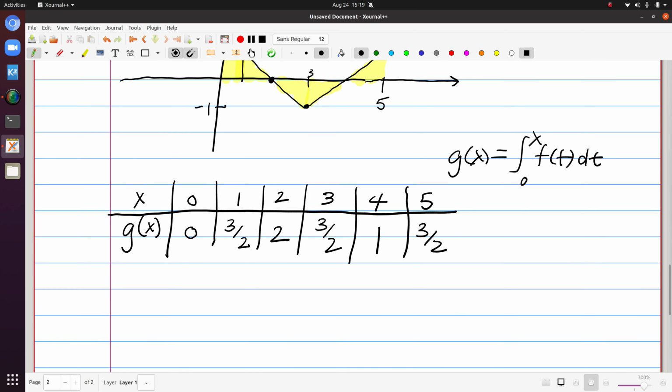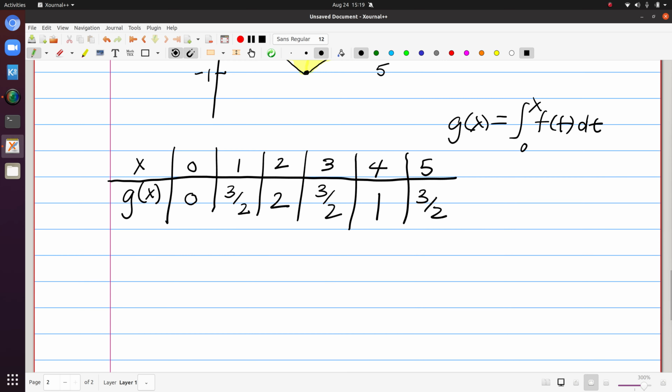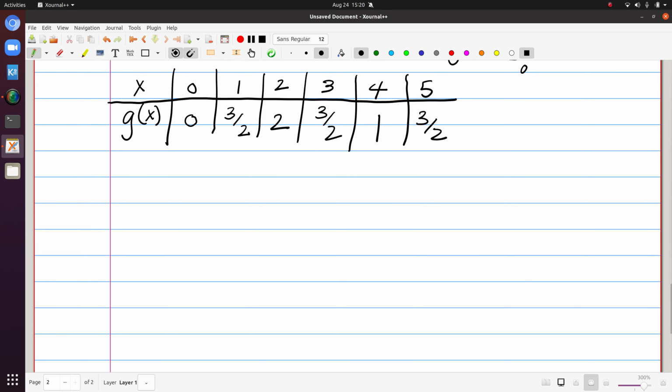So I can sketch the graph of g using these points that I found here. So we see that g of x pretty much is going to go between 0 and 2. So 2 here. We have 0. Put my values here on the x-axis.